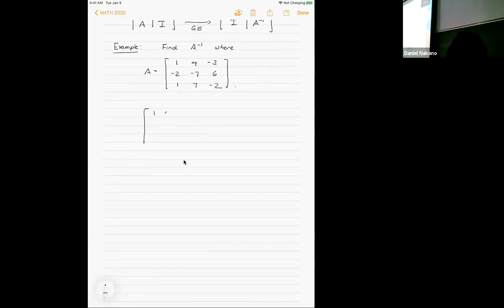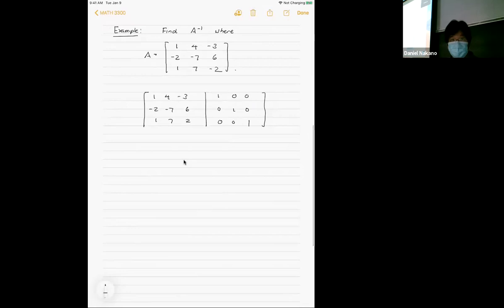A is on one side, and then we put our little fence, and then we put the identity matrix on the other side. All right, everybody okay with that? All right, good. In doing so, we're really just performing Gaussian elimination like 3 times, but all at once.